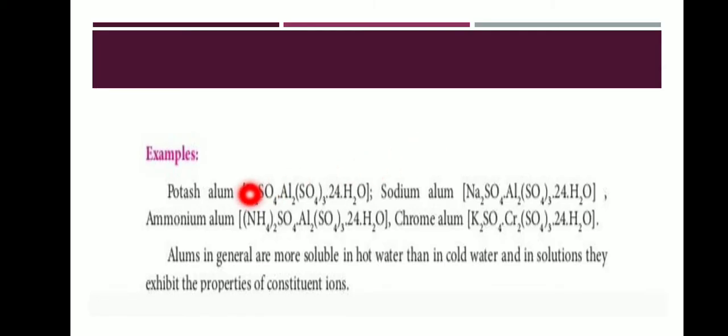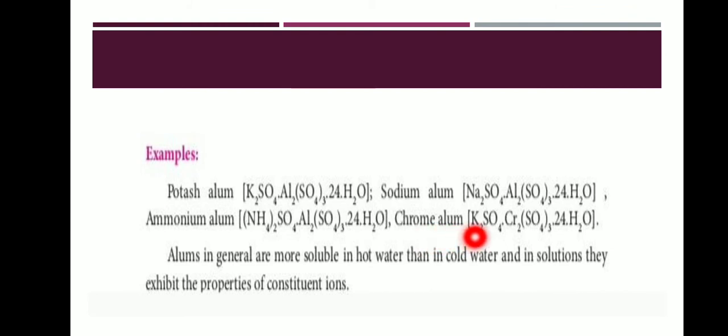For example, potassium alum: K2SO4·Al2(SO4)3·24H2O. Sodium alum: Na2SO4·Al2(SO4)3·24H2O. And ammonium alum: (NH4)2SO4·Al2(SO4)3·24H2O.